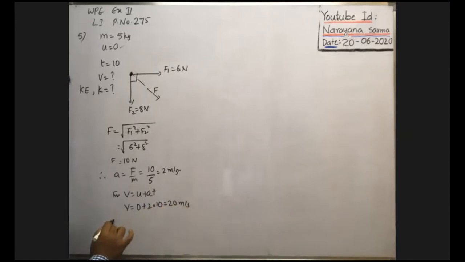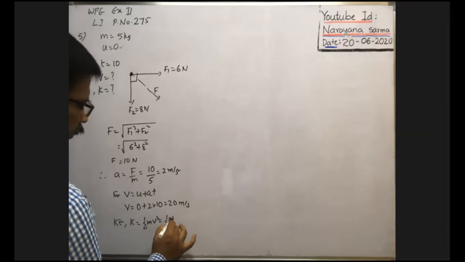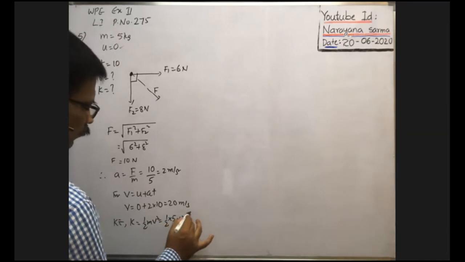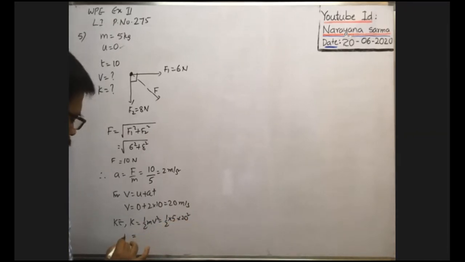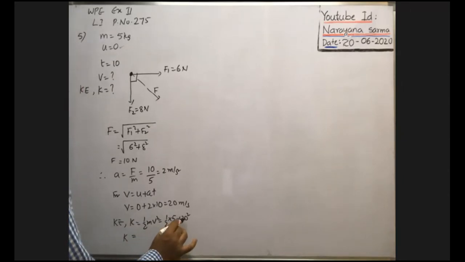Therefore, what is the kinetic energy? Kinetic energy K is equal to half m v square. So half into m is 5 kg into v square is 20 square. If you simplify, 20 square is 400, 400 by 2 is 200, 200 into 5 is 1000.